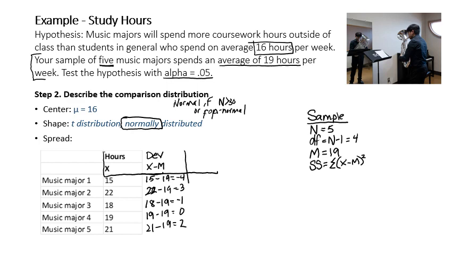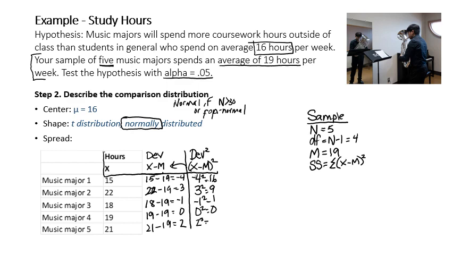We have our deviations. Now we need to get our deviations squared, or x minus M squared. We've already calculated x minus M, so we'll just take negative 4 squared equals 16. 3 squared is 9. Negative 1 squared is 1. 0 squared is 0.